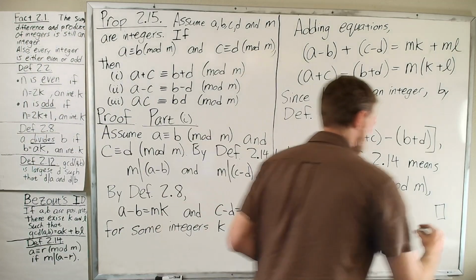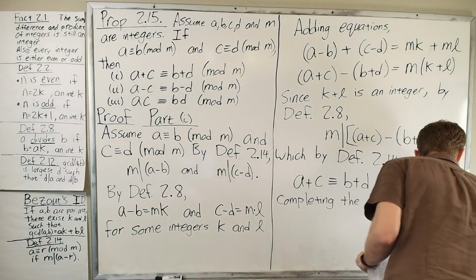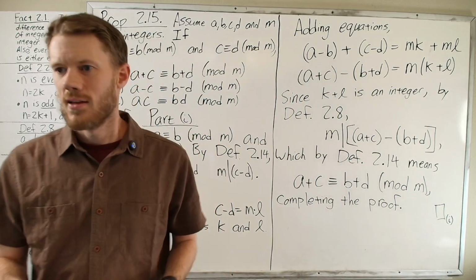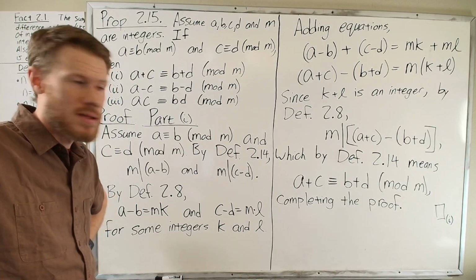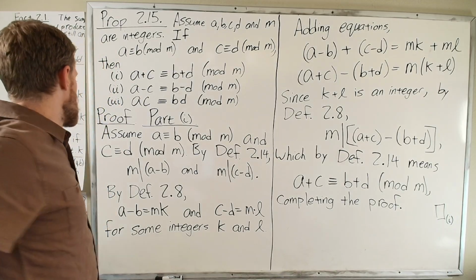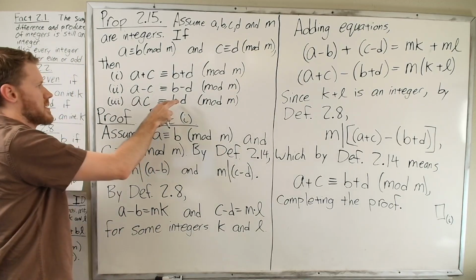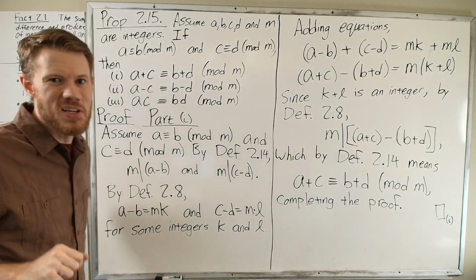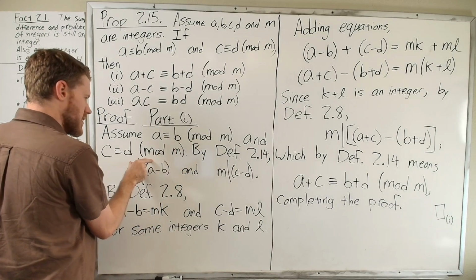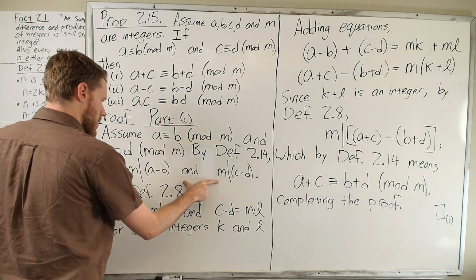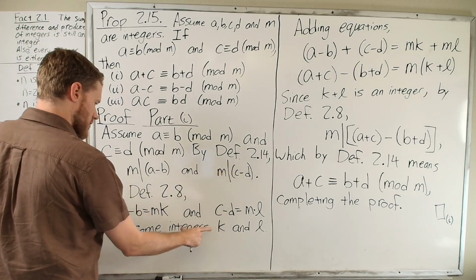By the way, this is the end of the proof just for part I. Maybe we'll do a subscript I. Proof of I is now done. We haven't proven 2i, that a minus c is congruent to b minus d, but it's going to be very similar. You're again going to start with a congruent to b, c congruent to d. You're again going to apply the definition of mods. You're again going to apply the definition of divides.